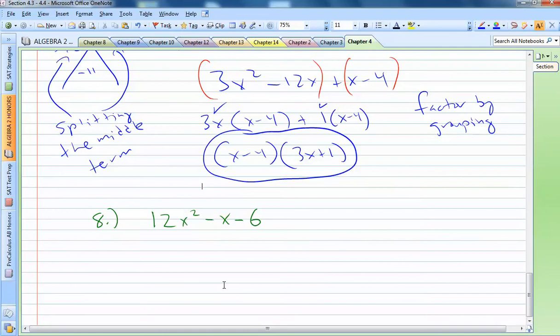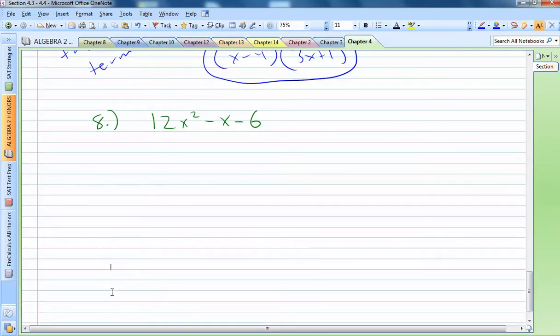Okay, let's try one more here. So again, I'm going to do the diamond, negative 72 and negative 1. And we want to think of 2 numbers that multiply to negative 72 and add to negative 1. A little bit of trial and error, but if you're ever confused, you can always use your calculator and just start computing a whole bunch of factors to see what 2 numbers multiply to negative 72 and add to negative 1.